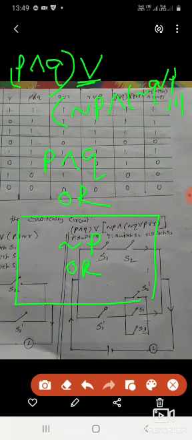First one, P and Q. Listen, P and Q are one set of connection, that is negation of P or negation of Q and negation of P and R.